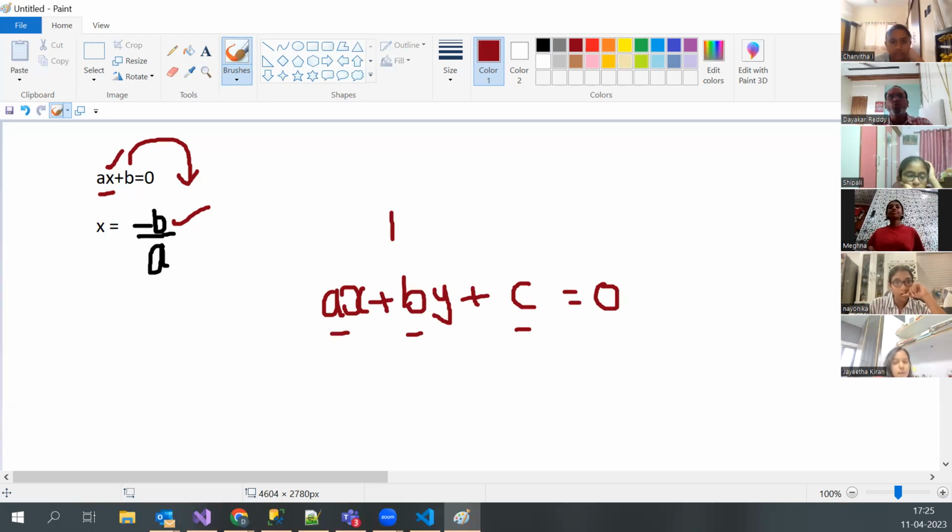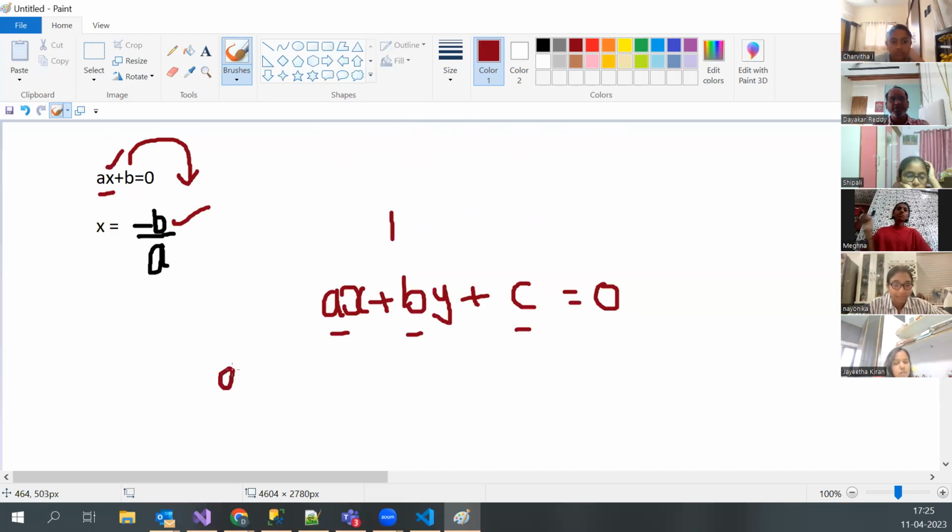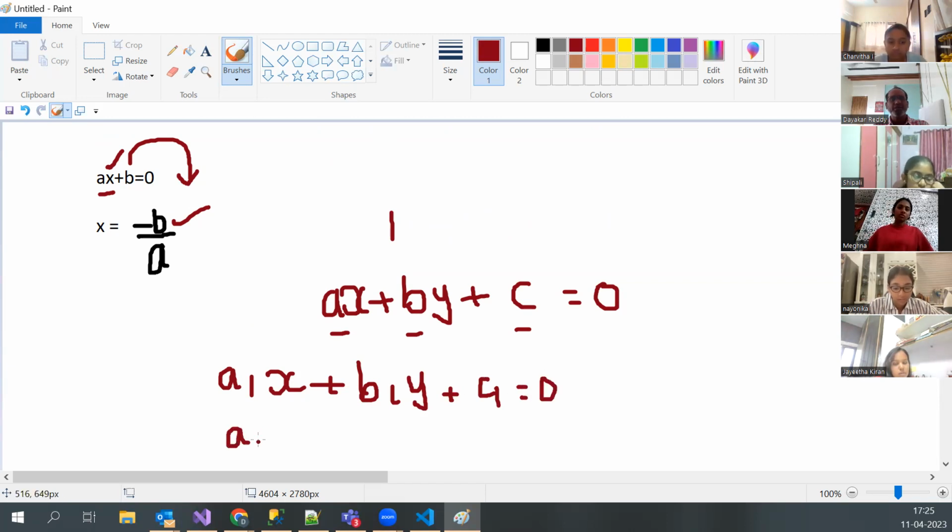If I have a pair of two linear equations, how do we write that? The general form: a1x plus b1y plus c1 equal to 0. The other equation might be a2x plus b2y plus c2 equal to 0.